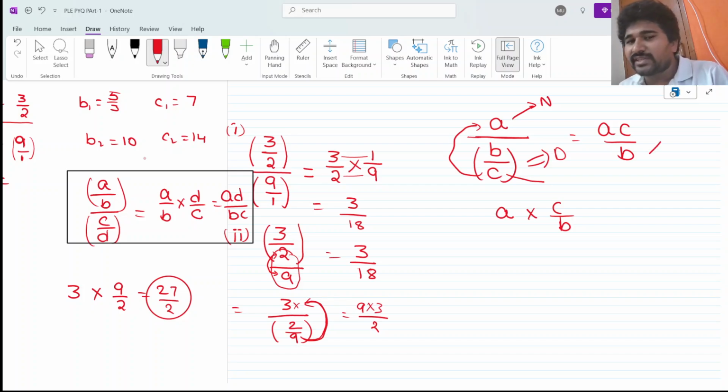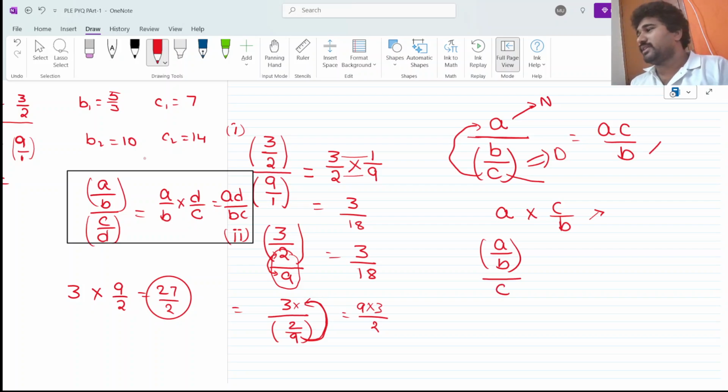Okay, this is the fast style. The safe way has one step extra. But sir, if you prefer safety, you go this way. Is that clear? Suppose I have A by B on top as a fraction, and below just a number, C. How will you write this? Very good.